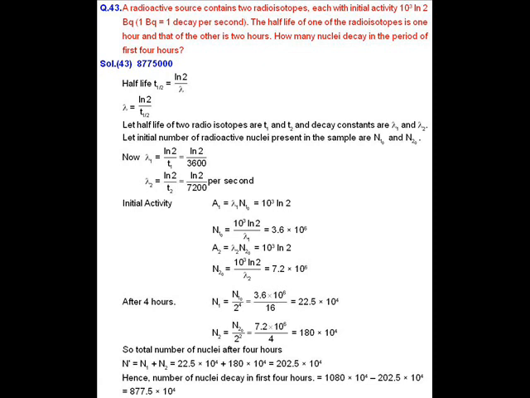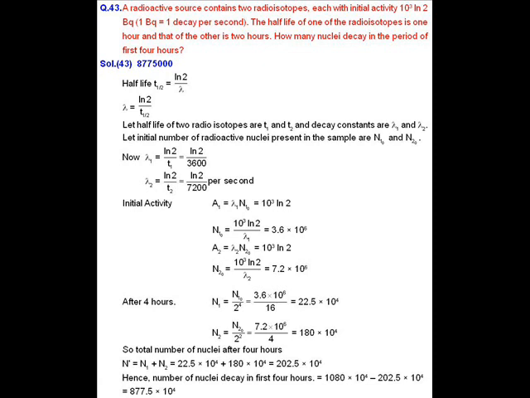Now we are given the initial activity, and we know that activity is given by lambda into N, that is number of nuclei. So initial activity will be equal to lambda into initial number of nuclei, that will come out to be 1000 ln 2. So the initial number of nuclei will be 1000 ln 2 divided by lambda 1, the decay constant of the first.